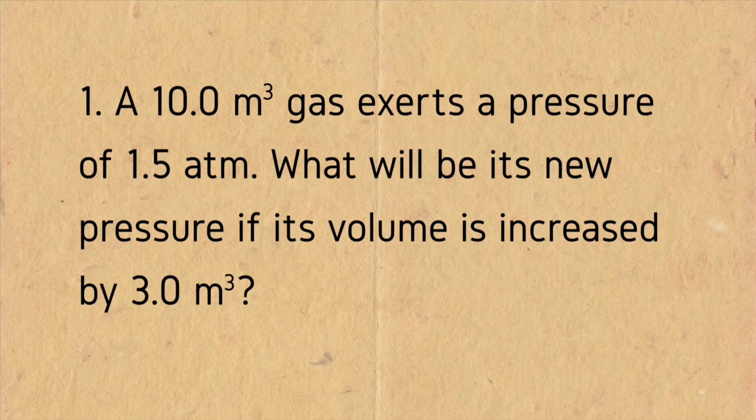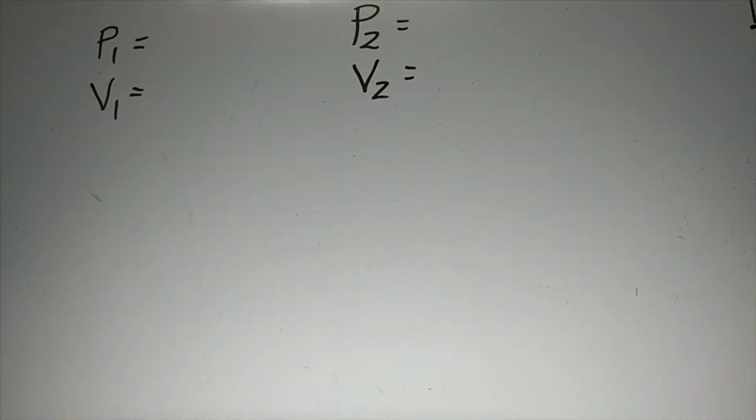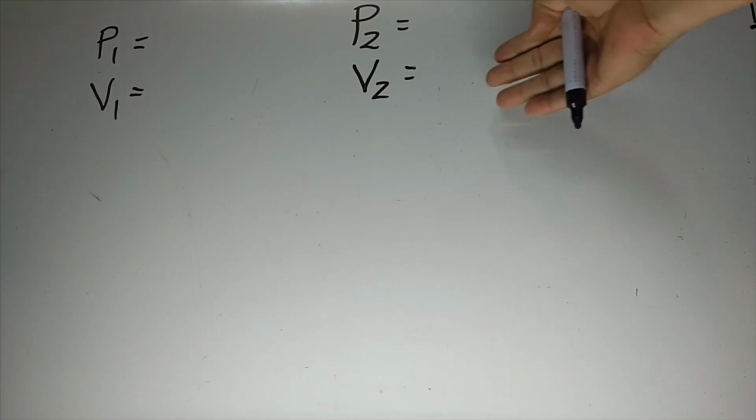A 10.0 cubic meter gas exerts a pressure of 1.5 atmosphere. What will be its new pressure if its volume is increased by 3.0 cubic meter? To solve the problem, you are going to write all the given information and what is the unknown. So this will be condition 1, or the first condition, and this will be the second condition.